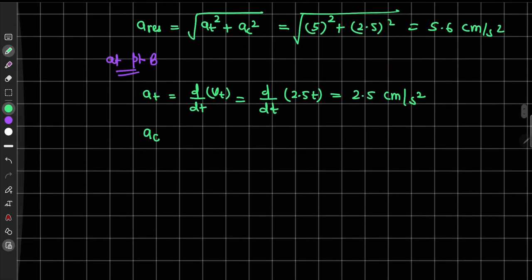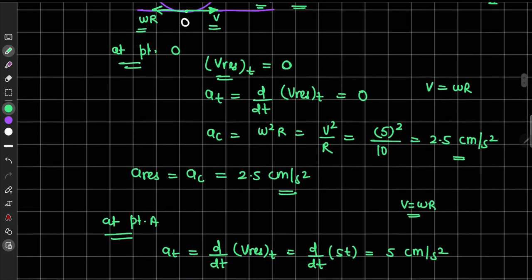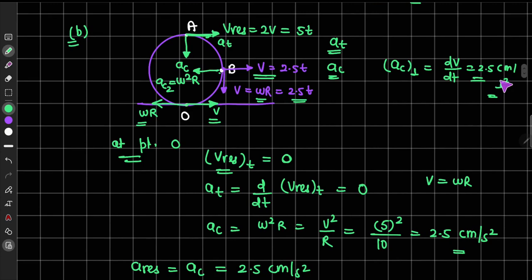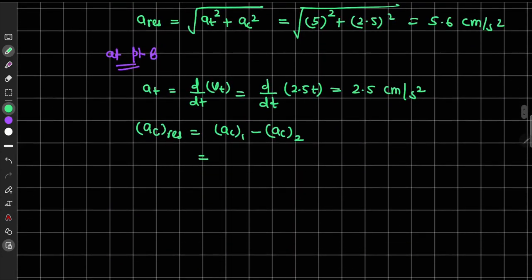So the resultant, AC resultant, we can write it as AC1 minus AC2. What is AC1? That we have found out here, that is 2.5 centimeter per second square. So 2.5 minus, because both are in the opposite direction, and what is AC2?